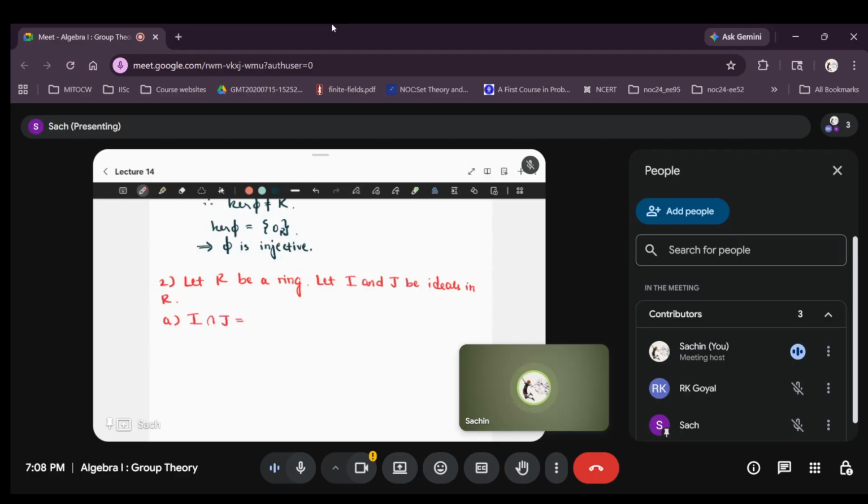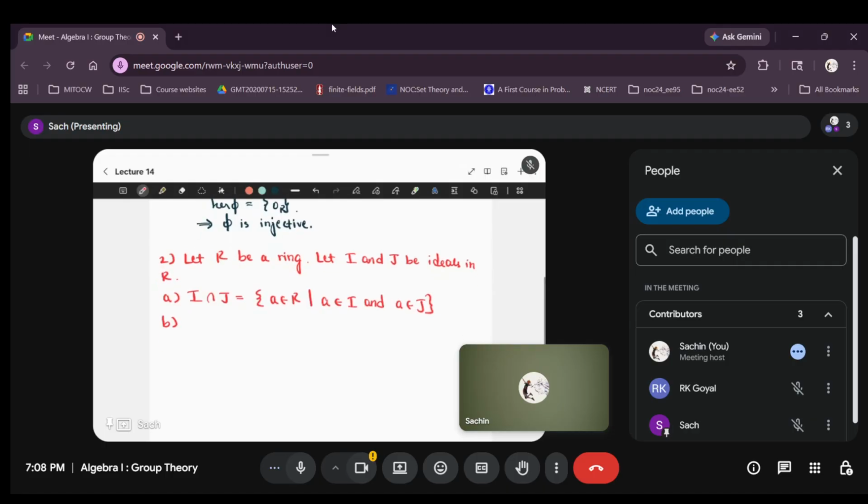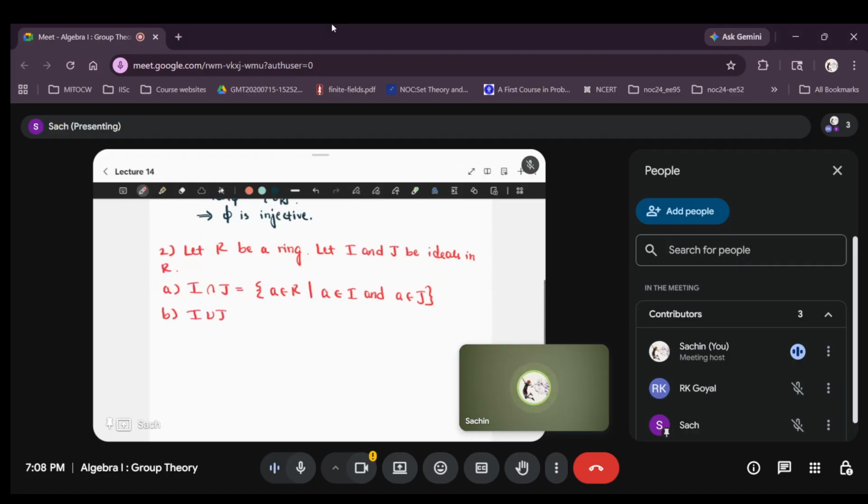I intersection J is the set of all elements in the ring that are in both I and J. The other set, I union J, is the set of all A such that A is in I or A is in J or in both. Are both of these ideals, or which of these are ideals?